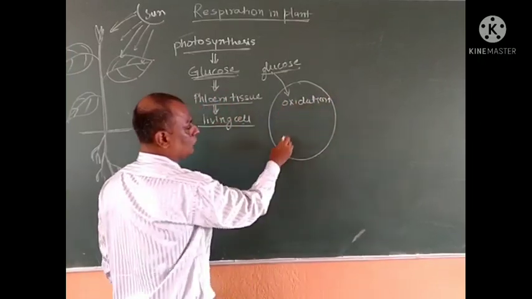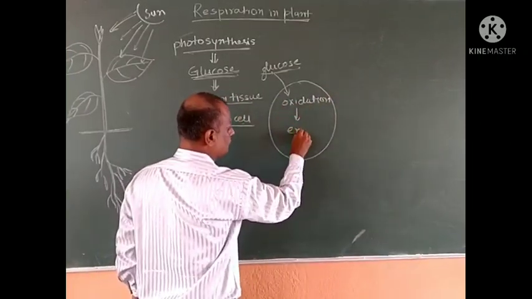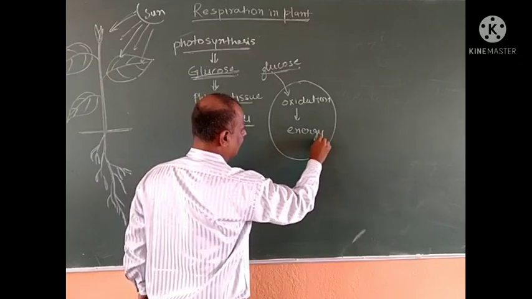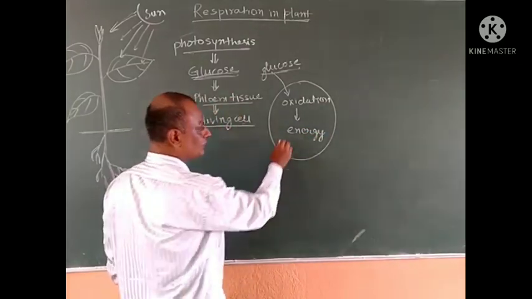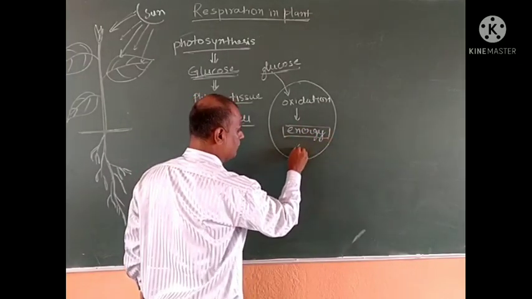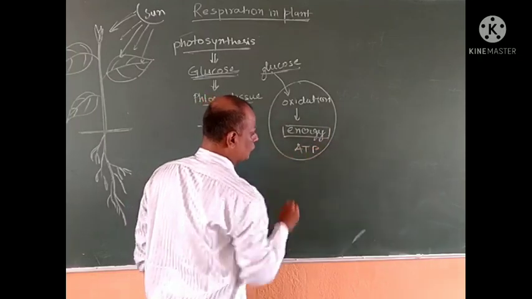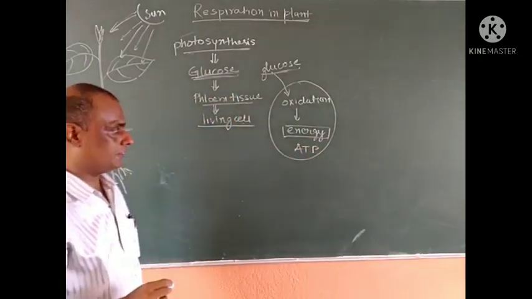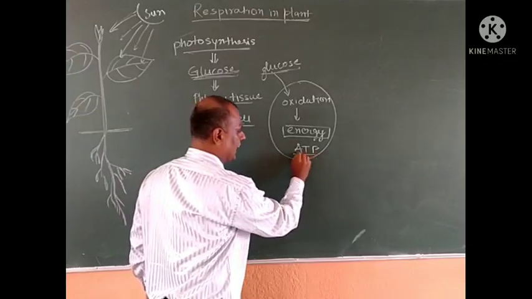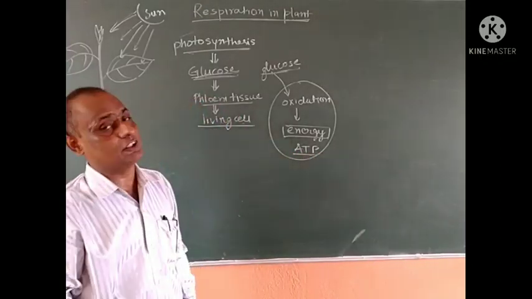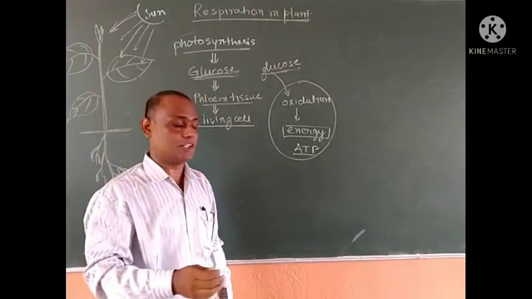Due to the oxidation of glucose, energy is produced, and the energy which is produced is in the form of ATP, means adenosine triphosphate, and this energy is utilized to carry out the different processes in the plant.